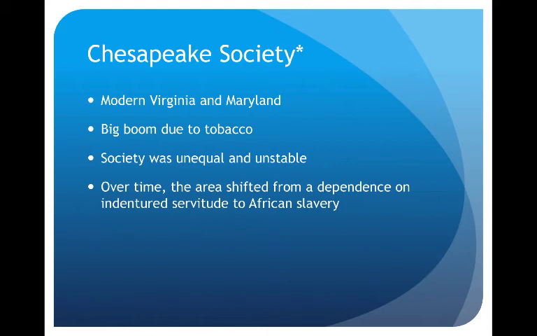Over time, there was a shift from a dependence on indentured servitude to African slavery. Why did the shift happen? Well, one reason was that slaves' status would become forever. Once you're an indentured servant, you have to go free after 4 to 7 years. A slave is your property forever, plus children.